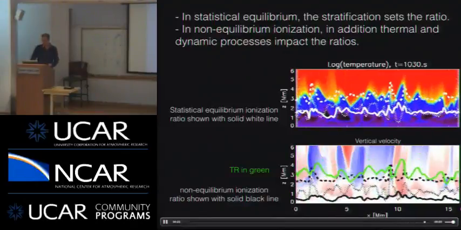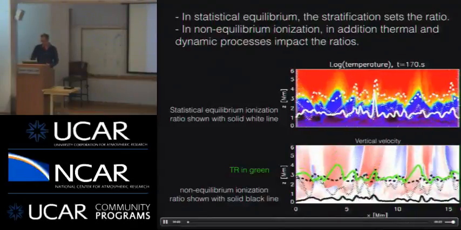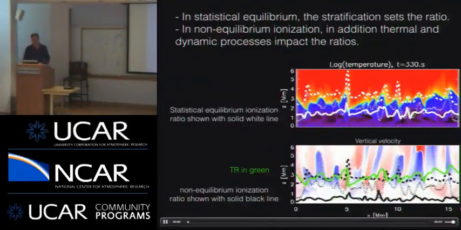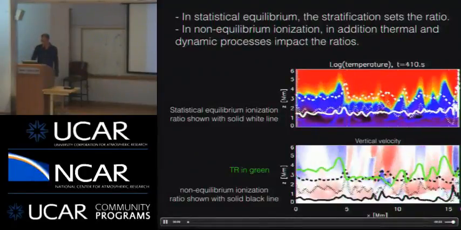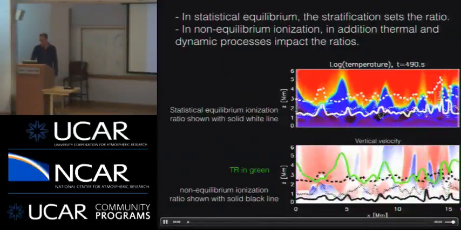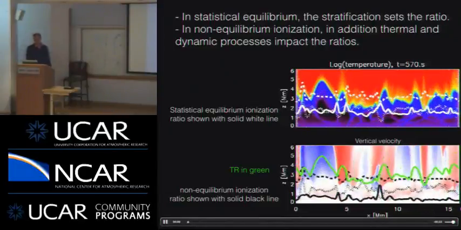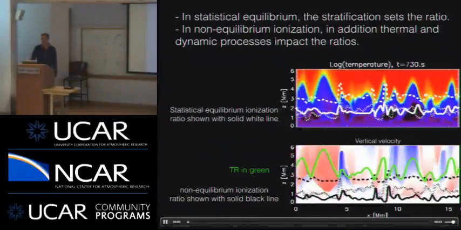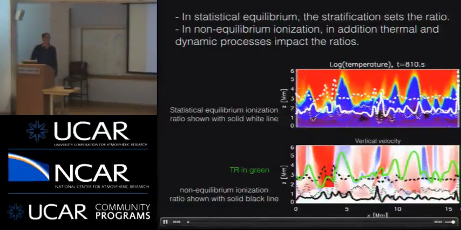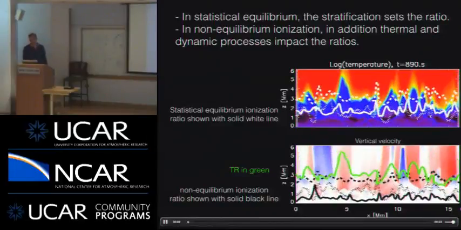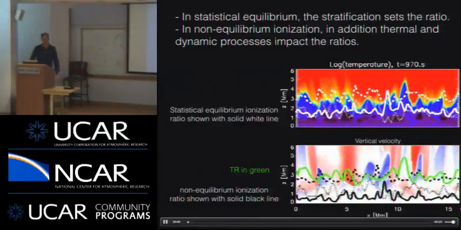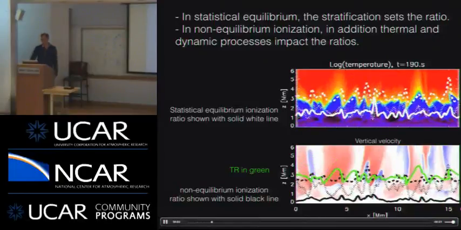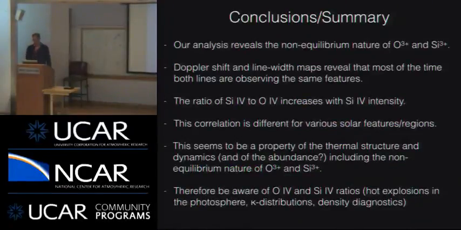This also happens a little bit in the non-equilibrium ionization case, but in addition we get the biggest increases when we see sharp gradients in velocities near the speckles. That means these changes have both thermal and dynamic origins.